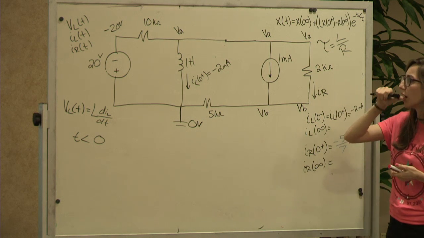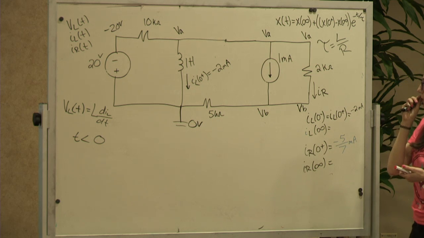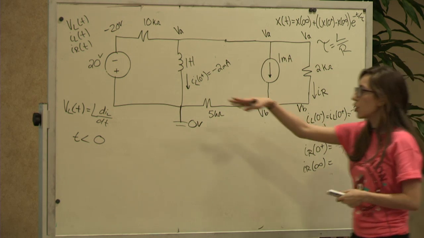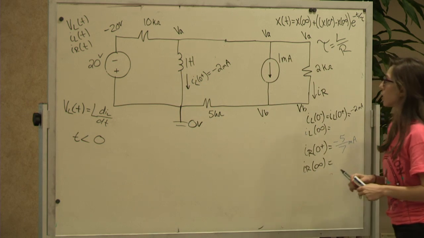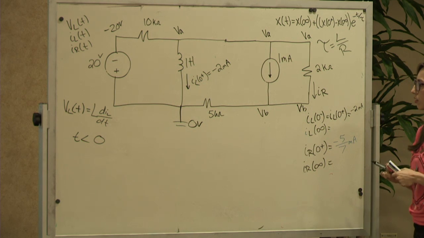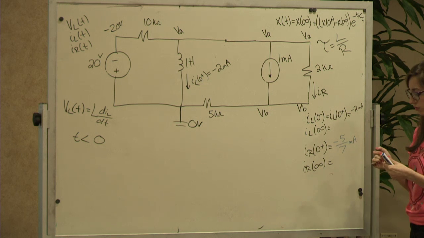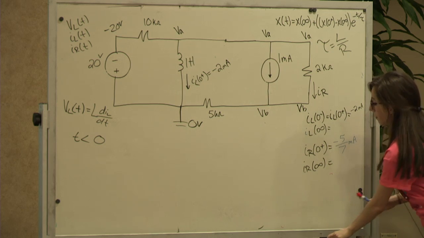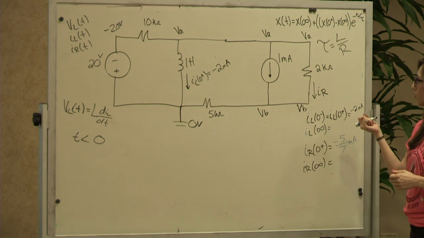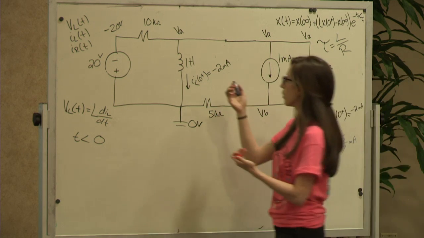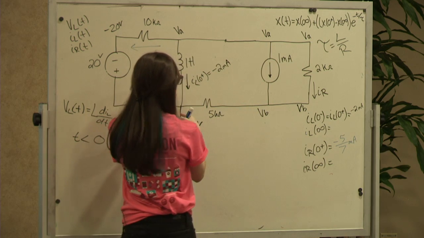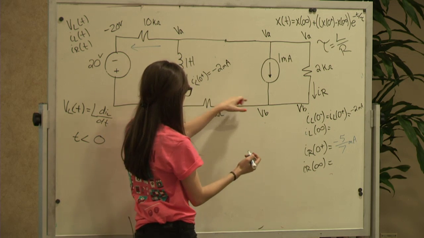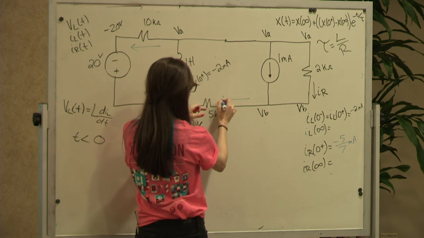But I think the other way you got 3, I believe. So this way we know this node right here. I'm going to assume everything's going out. So this one's already labeled out. This one's labeled out. And then here, I'm going to assume this way.